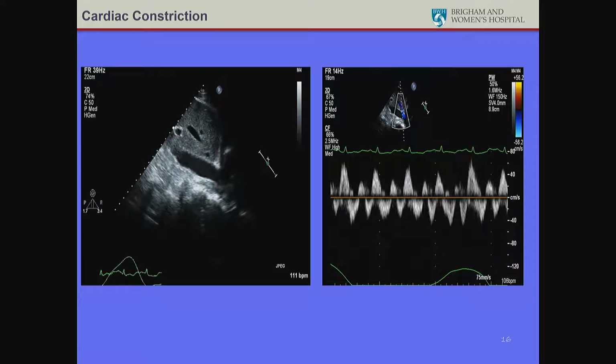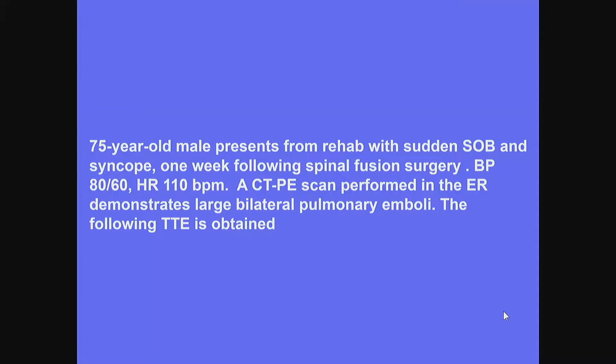And sometimes you may see an expiratory reversal. This particular patient demonstrates an expiratory increase in the A wave reversal. Again, this is a highly specific finding for constrictive physiology.